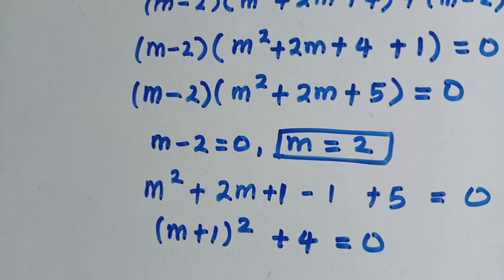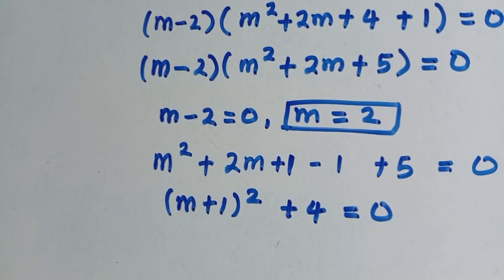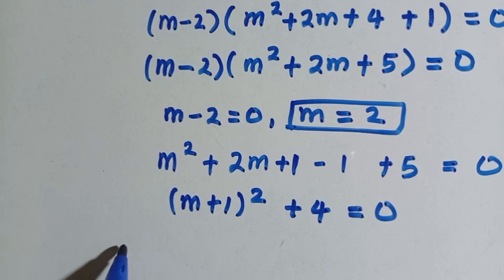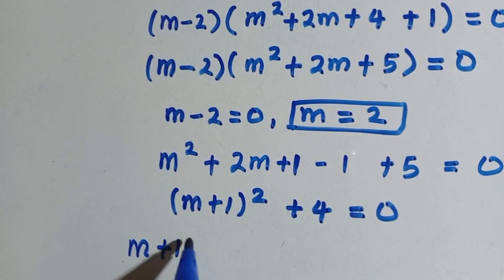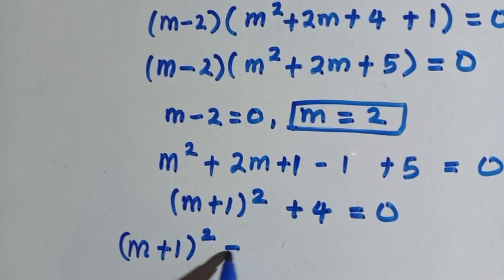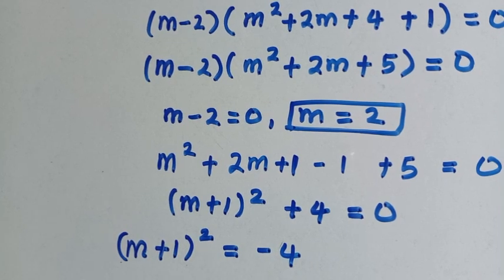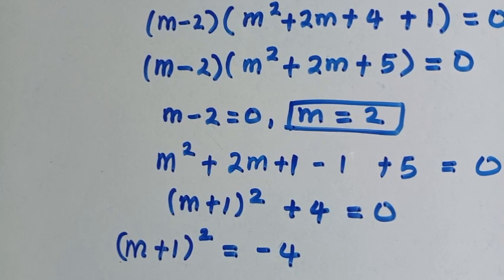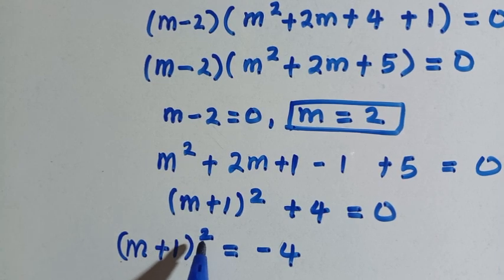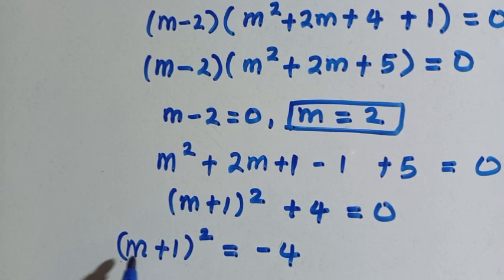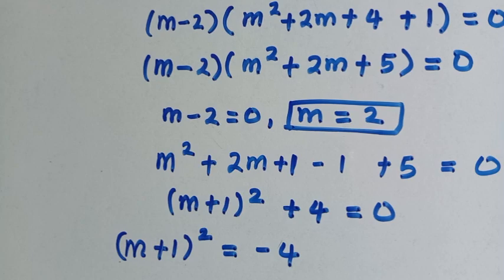Then in the next step, we are going to transfer 4 to the other side, and here is m plus 1 squared equals minus 4. So we have to take the square root of both sides, since we want to get rid of this 2 here and find the value of m.